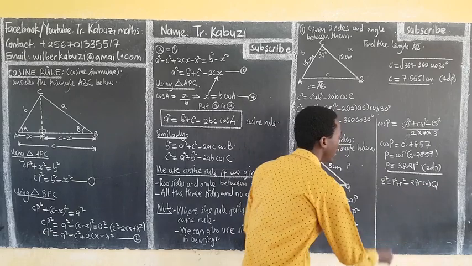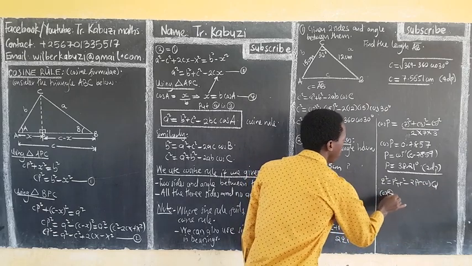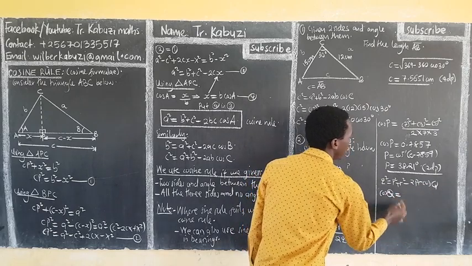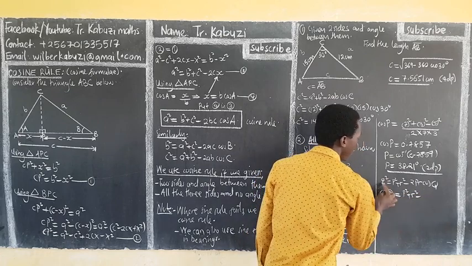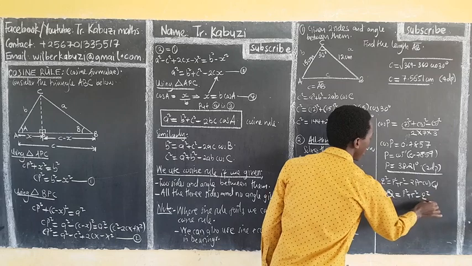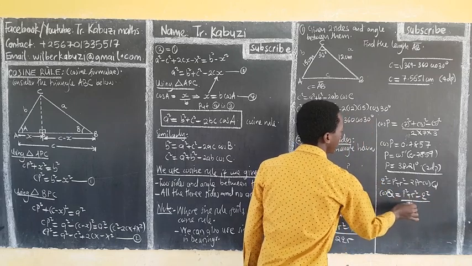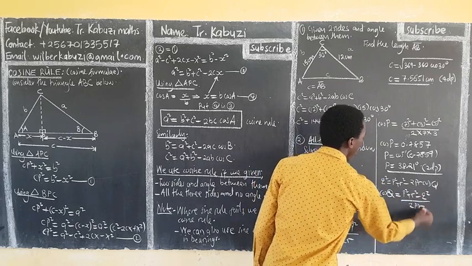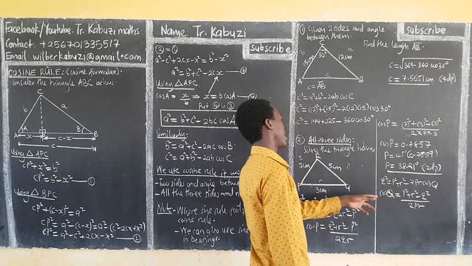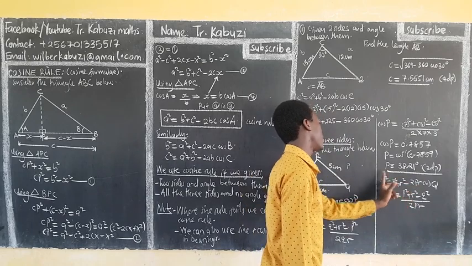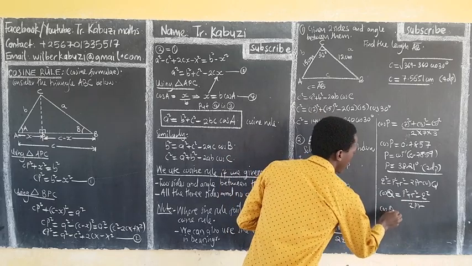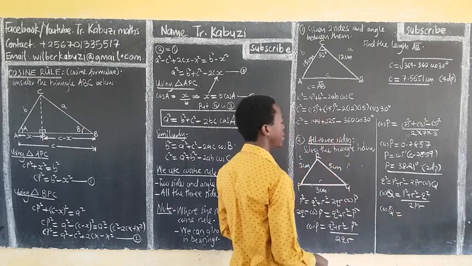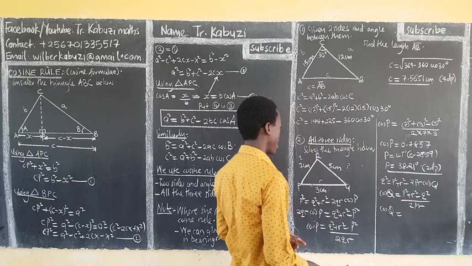To make this the subject, now our cos Q will be, we take this side, so P squared plus R squared minus now Q squared, the whole over these coefficients 2PR. Because we are taking this side, it will be positive, then that's why this one goes that side to become negative. So now our cos Q is going to be, we substitute our P squared.